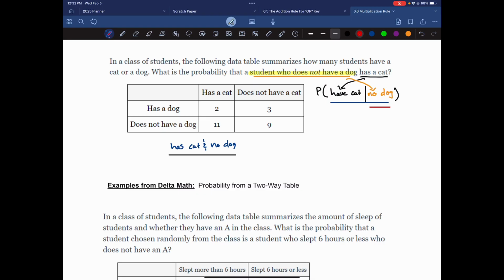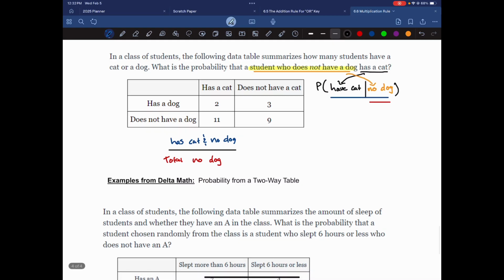So total of no dogs. Okay. Well, if I look at my table, I need has cat and no dog. So has cat matched with no dog is 11. So I've got 11 who have a cat but no dog.